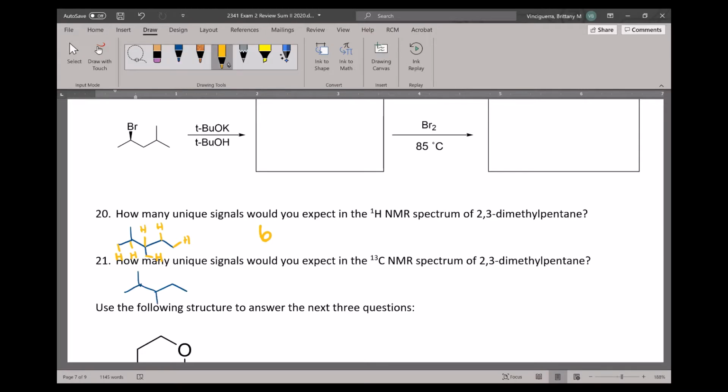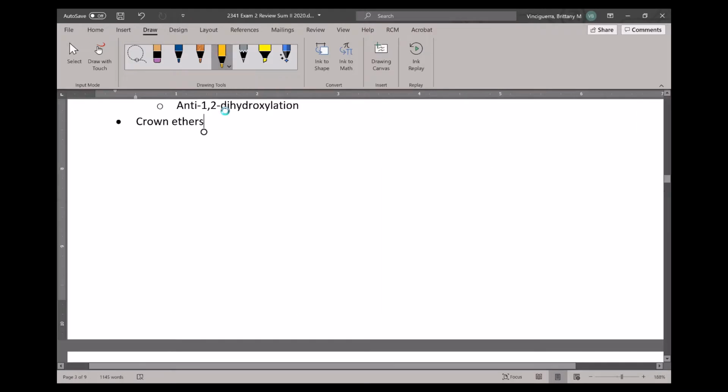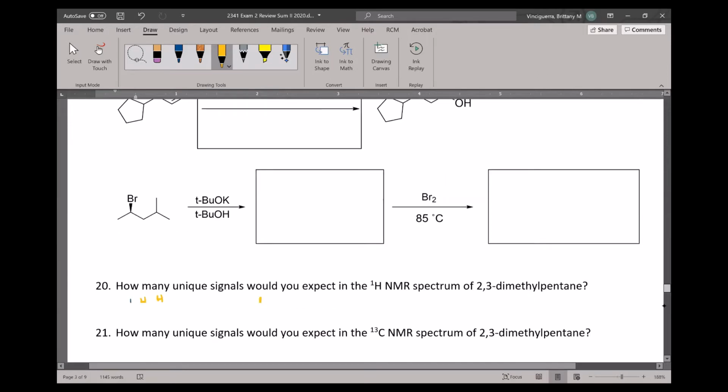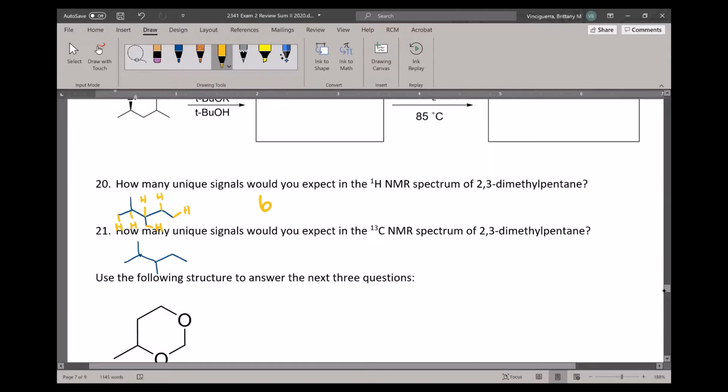How many unique carbons are there? So, I mean, another way you can do this is, draw out every carbon atom and then try and figure out if you have any repeaters.